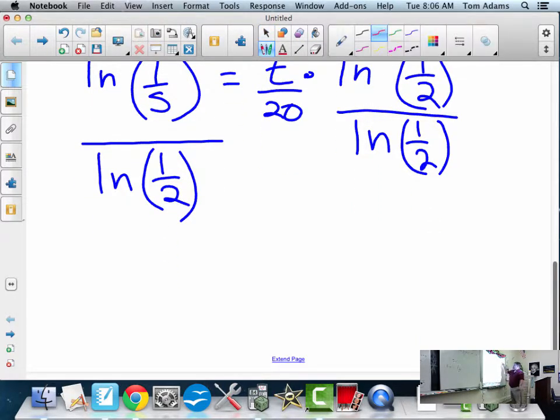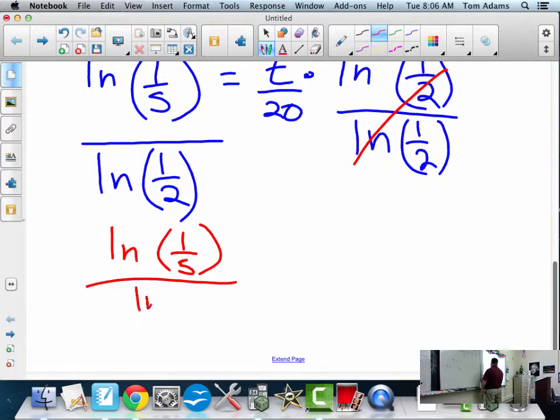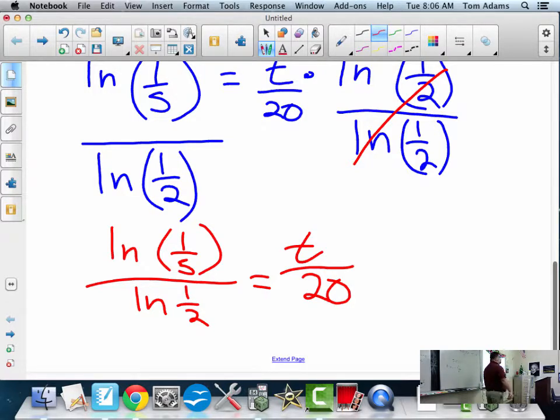Now when I do that, this will cancel, and I'm left with the natural log of 1/5 divided by the natural log of 1/2 is equal to t over 20. What do I do next?